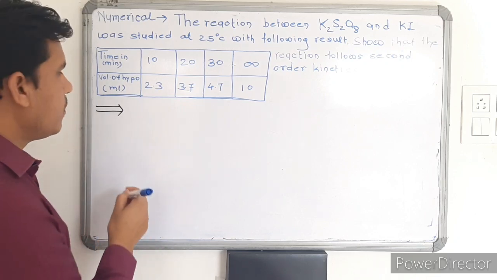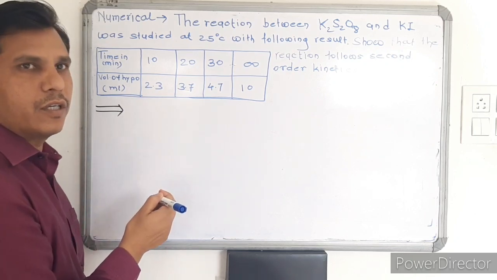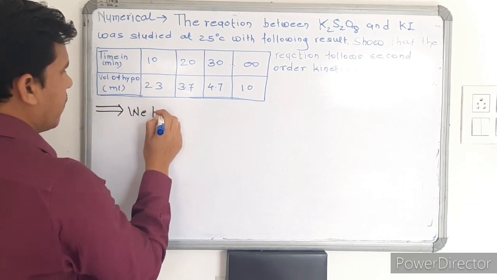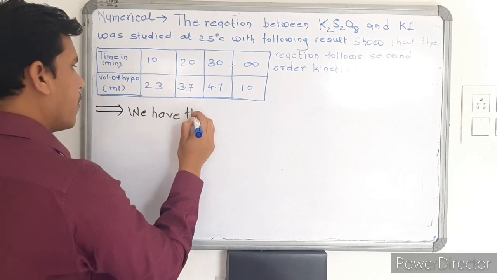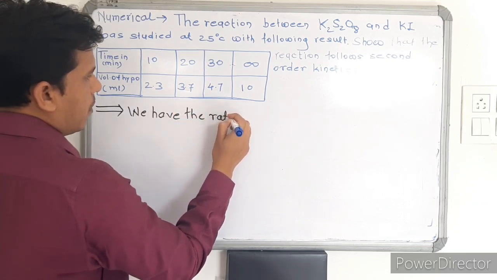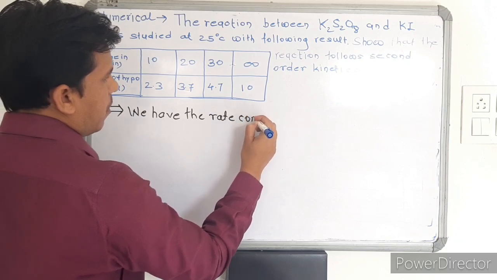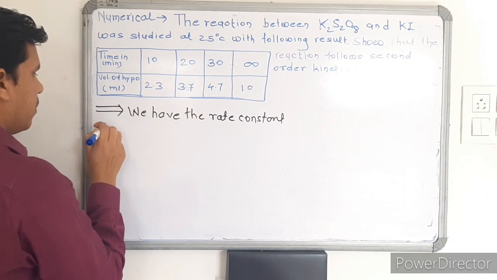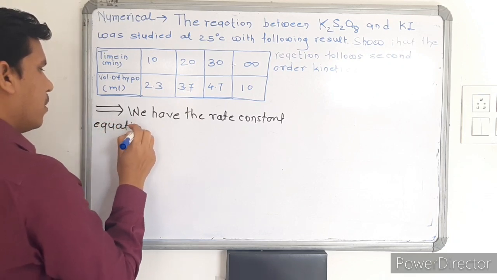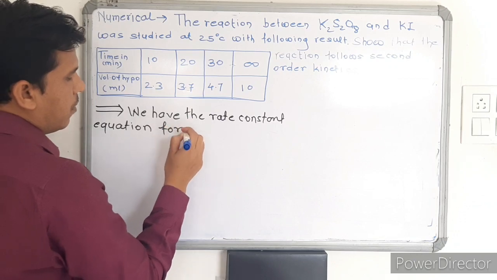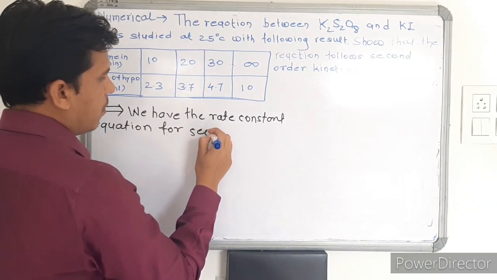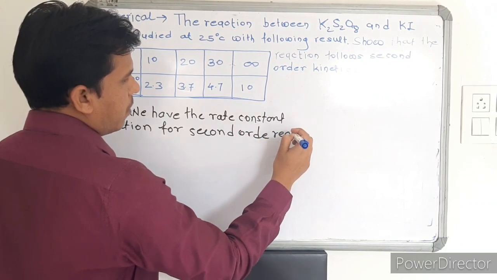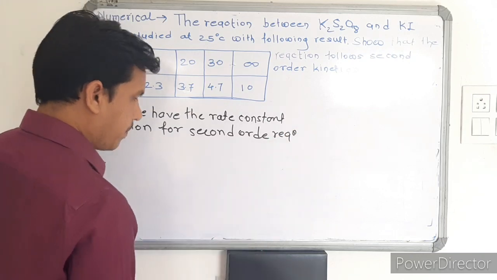In the solution, we will start with the rate constant equation for a second order reaction.